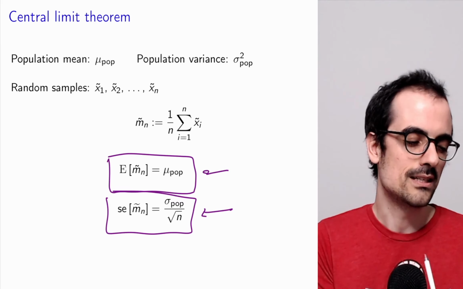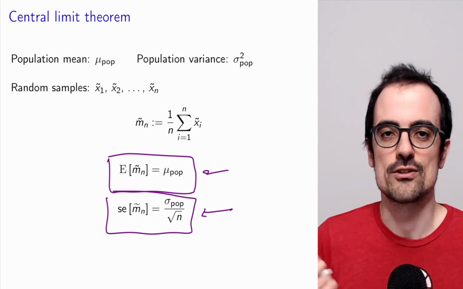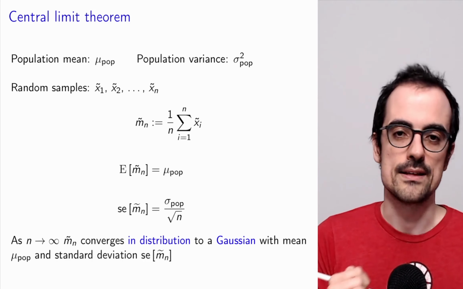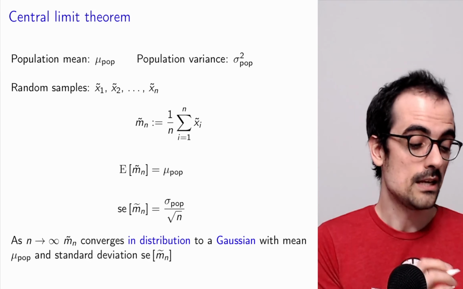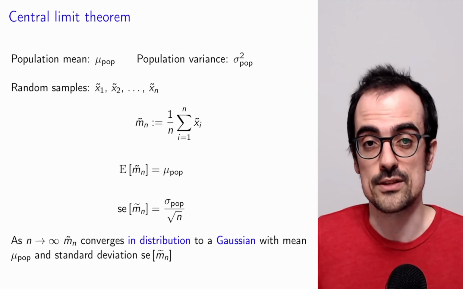Here I'm showing you the central limit theorem for the specific case of estimation of population mean. In that case, the sample mean converges in distribution to a Gaussian, which has mean equal to the population mean and standard deviation equal to the standard error.